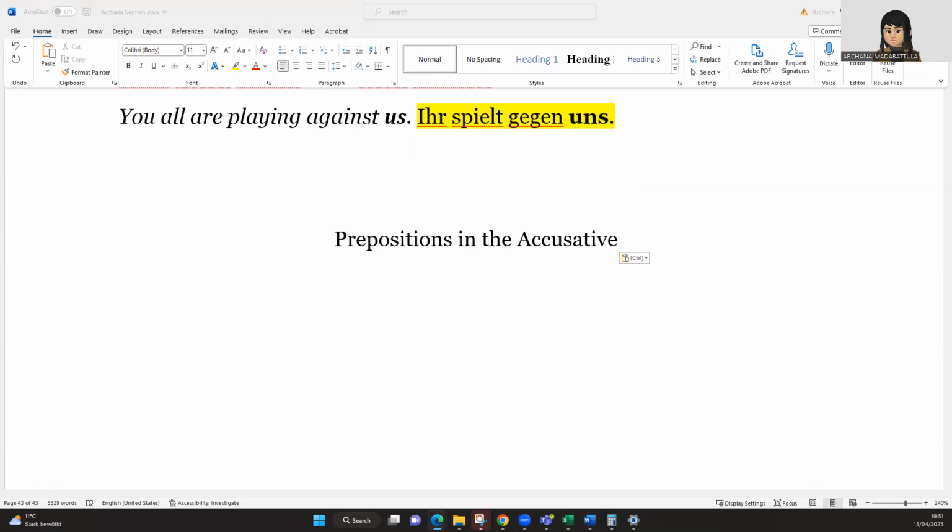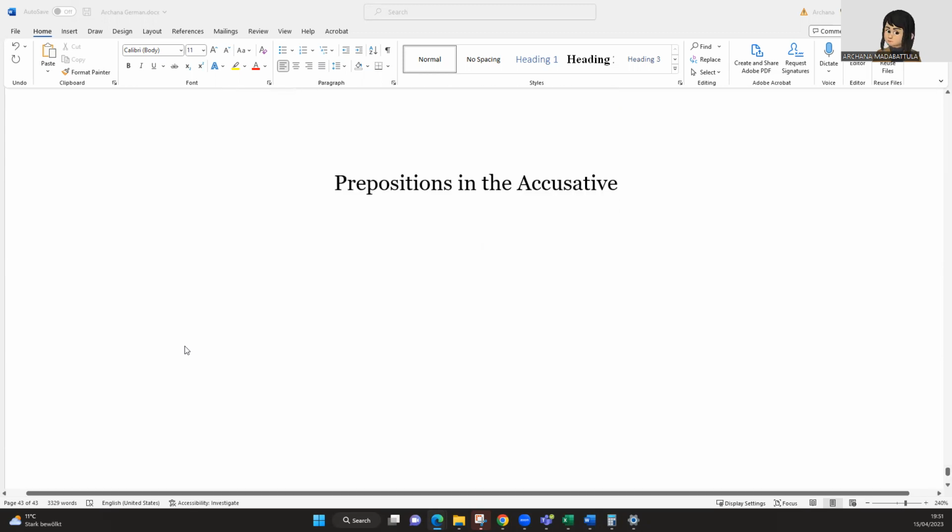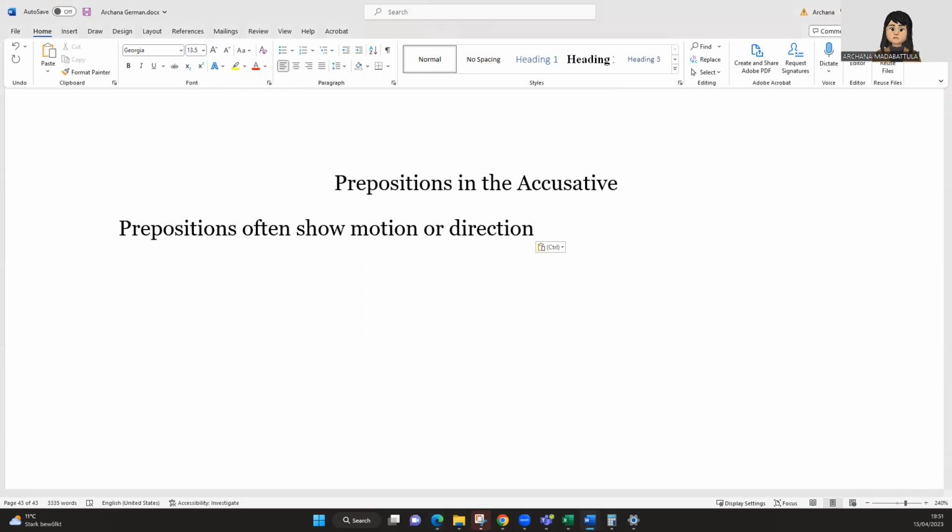As in English, prepositions are words that typically precede nouns and pronouns to show their role in a sentence or a clause. Prepositions often show motion or direction, like to, through, across, on, off, towards.